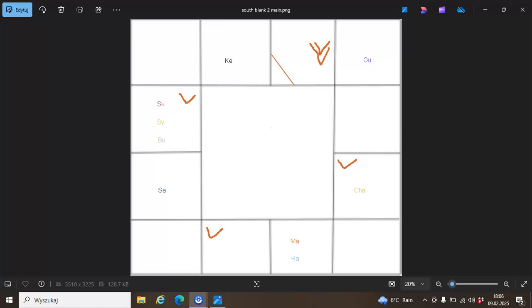So then the next Mahadasha, after we completed the Mahadasha of Aquarius or Kumbha, will be the Mahadasha of Tula. Sorry. Yes.